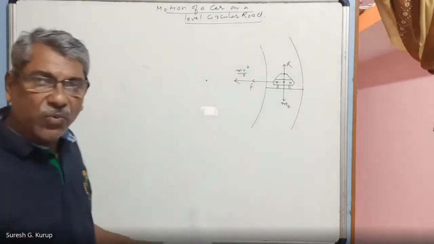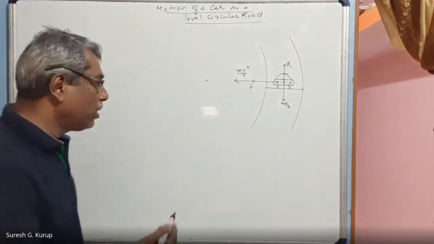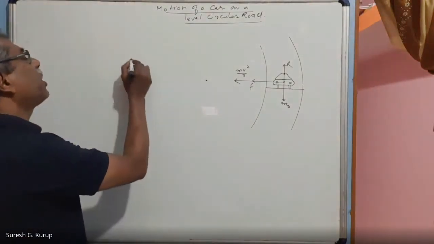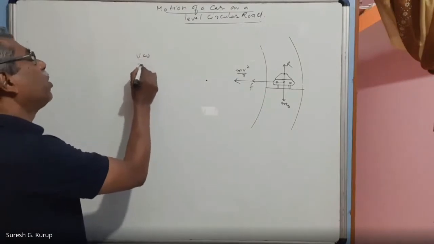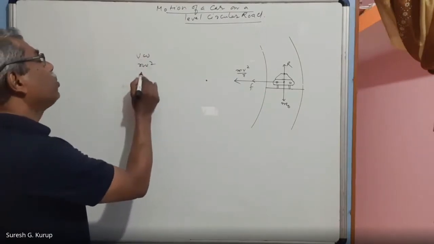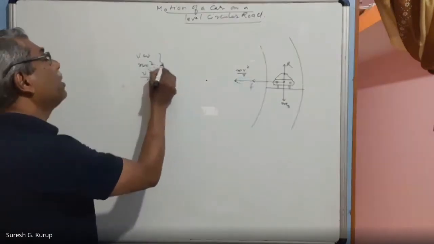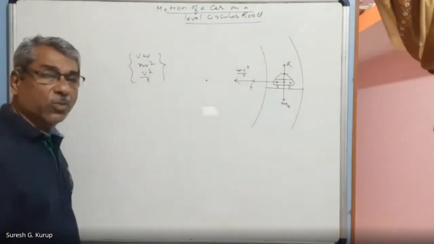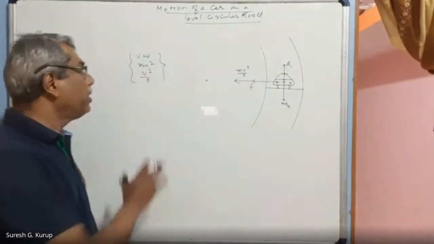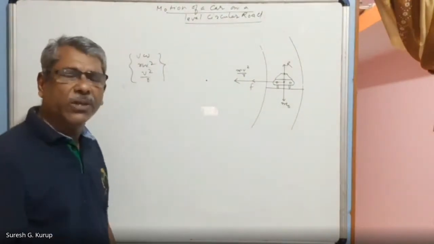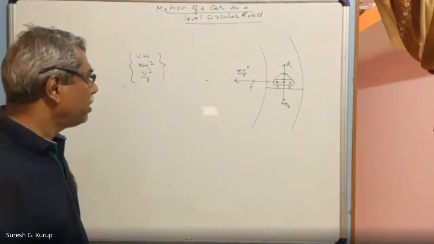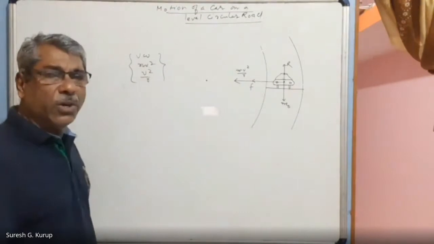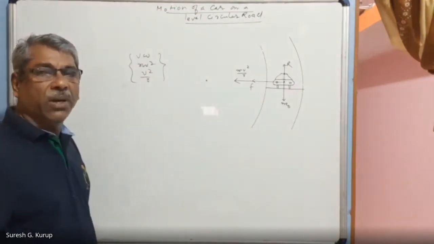When we have acceleration, centripetal force can be calculated. Therefore, centripetal force is equal to what? Acceleration once again I am writing: v omega, r omega square, and also v square by r. These are all expressions for the same thing, but in three different forms we will use them for different purposes, right?